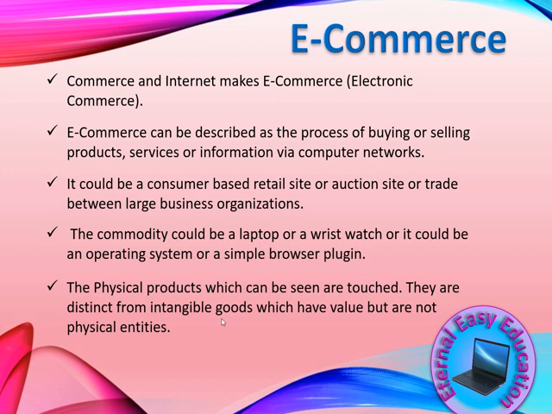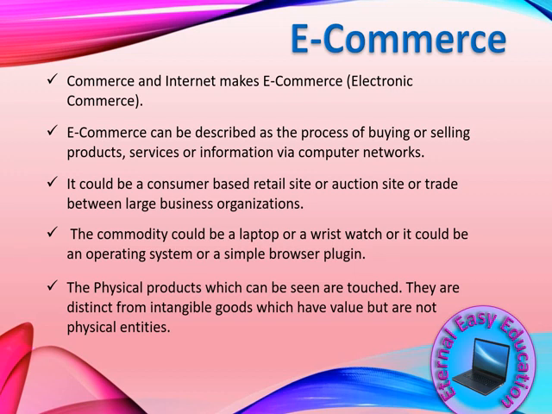You know very well, the physical component means our computer hardware parts which we are able to touch. At the same time, software is an intangible good. That means we are using the software but we cannot touch it physically. So intangible goods have value but are not physical entities.